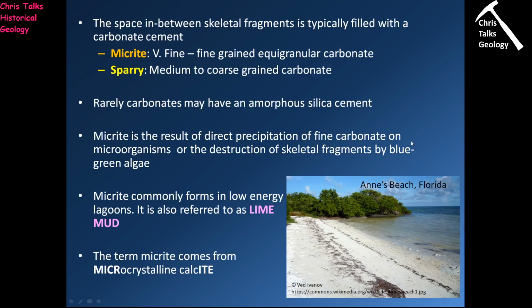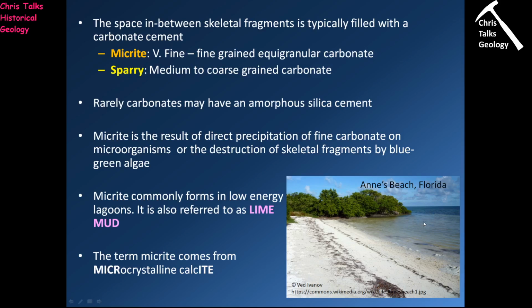It's also sometimes called lime mud. And the term micrite comes from microcrystalline calcite. Okay, and so micrite is either the result of the direct precipitation of fine carbonate onto microorganisms. So in the water here, you're going to have literally billions, maybe even trillions of little algae floating around, happily photosynthesizing.